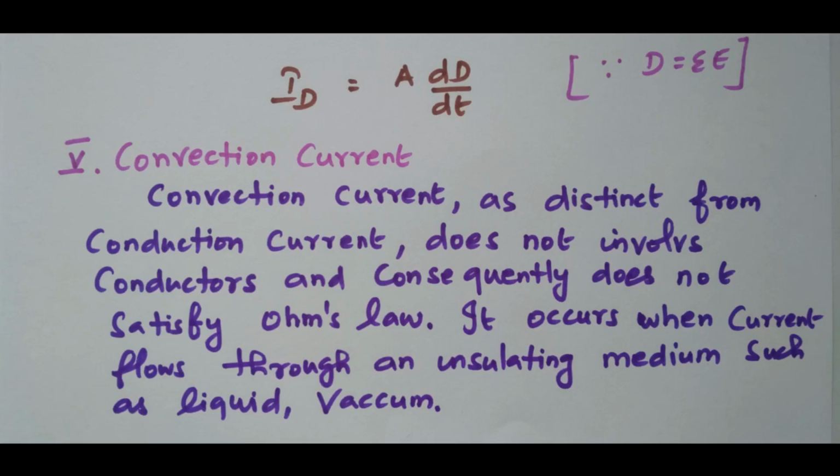Then what is that convection current? It occurs when the current flows through an insulating medium such as liquid or vacuum, right? Without the conductor, it is flowing through a liquid or vacuum, then it is called a convection current. It does not flow through any conductor, not satisfying Ohm's law, right?